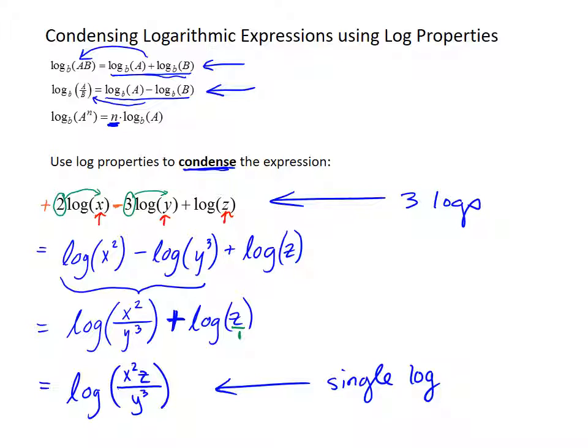This log being negative means the y should end up in the denominator, and that's where it is in the end. And then a positive means that the input of this final log term, the z, should end up in the numerator. So that's kind of a little hint to check your work. Look at the signs of the original log terms and then look at your fraction in the final single log and your answer.